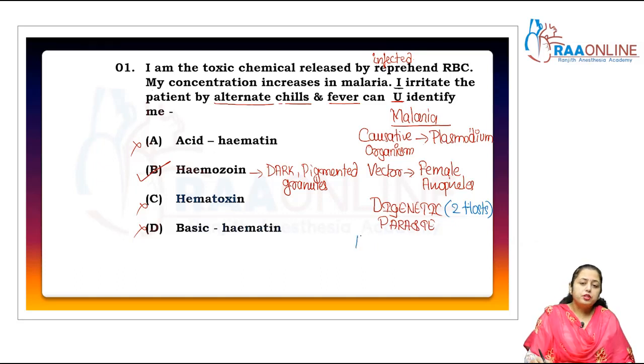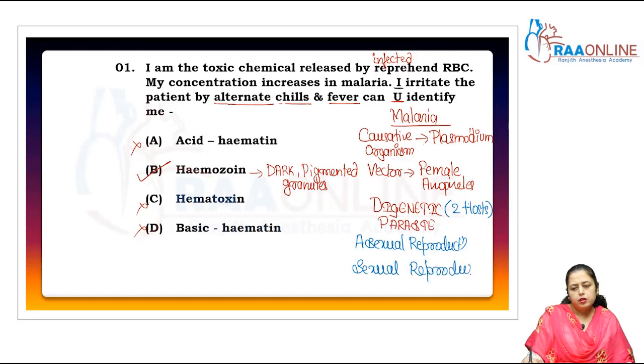Two types of reproduction are seen in the Plasmodium, that is asexual reproduction and sexual reproduction, right? Asexual reproduction occurs in the human, and sexual reproduction occurs in the female Anopheles.